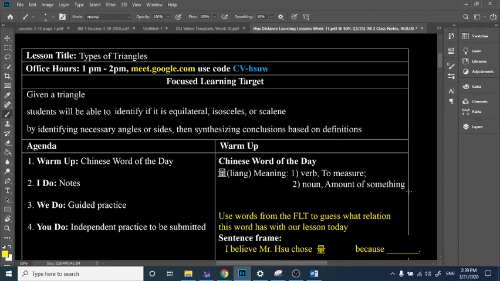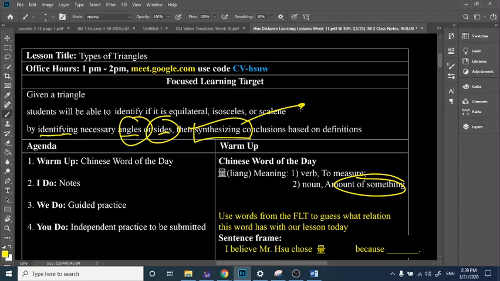You might have guessed something like, well, let's see. Measure stuff? Well, we're going to identify necessary angles or sides. So that's measuring, right? Amount of something. Well, angles and sides are something with an amount, so it might be related to that too. And we might be, when we synthesize. So synthesize basically means we get information, we put it together, and give meaning to it.